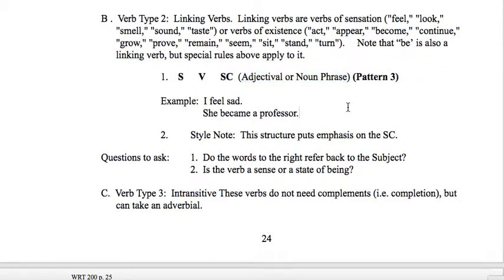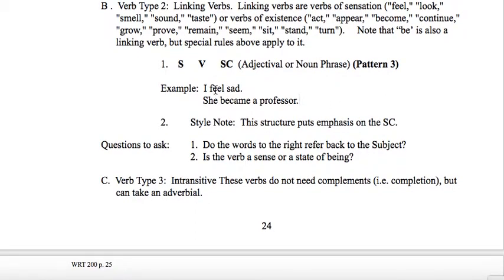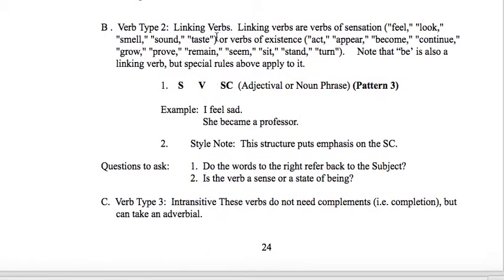So let's look at some of these examples. Linking verbs are always verbs of senses, but sometimes there are other words that you wouldn't normally associate with a sense. For instance, appear, become, continue, grow.